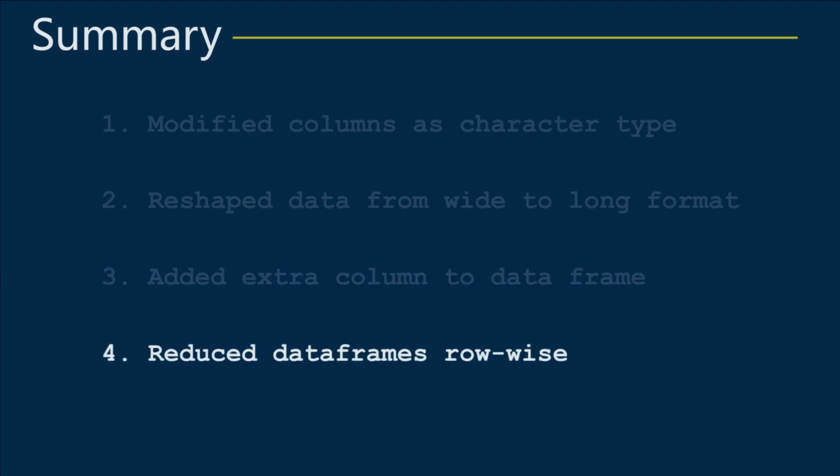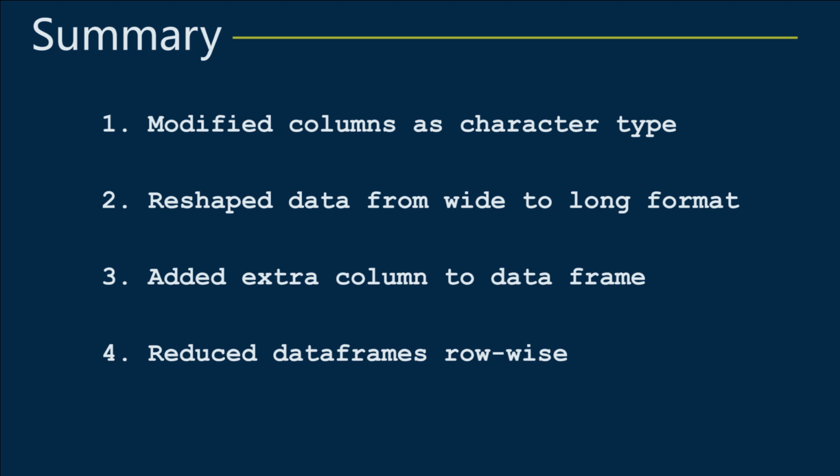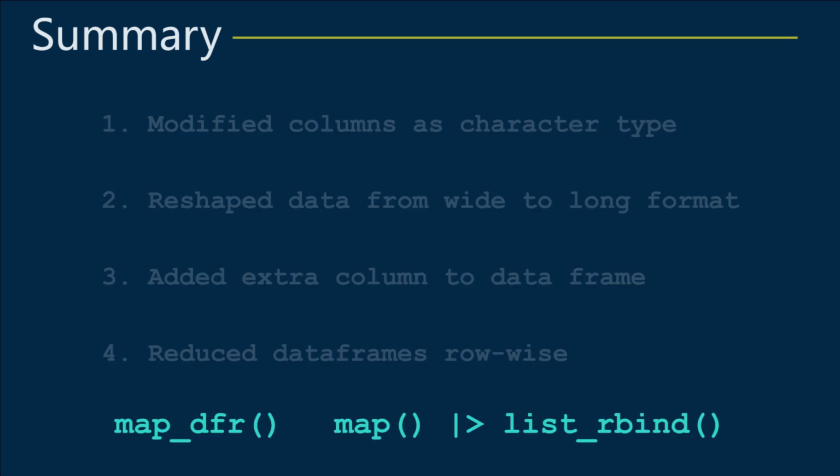And then, we reduced the data frames row-wise using the union function. However, there is no compelling reason to go through these steps when the same result can be achieved using either the map_dfr function or a combination of the map and list_rbind functions.